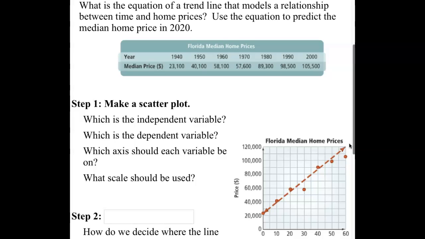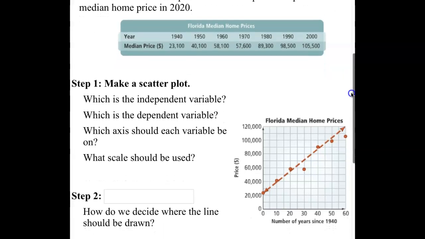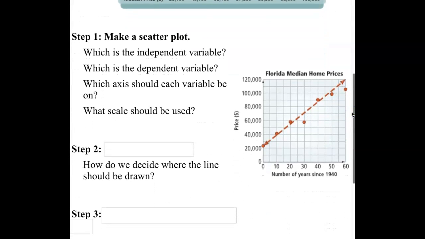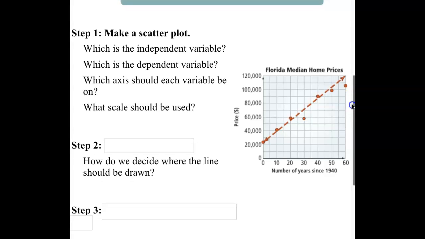When you make a scatter plot, it's important to determine, well, what should be my X coordinate, what should be my Y coordinate? Okay? So we've set it up. In this case, X is our time, all right? And Y would be the median income. Or sorry, the median home price.